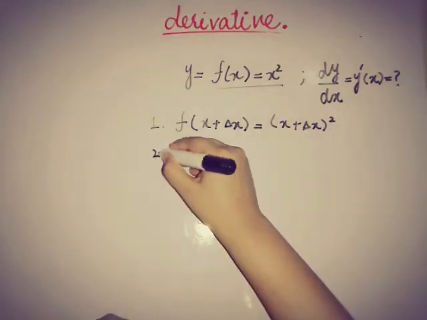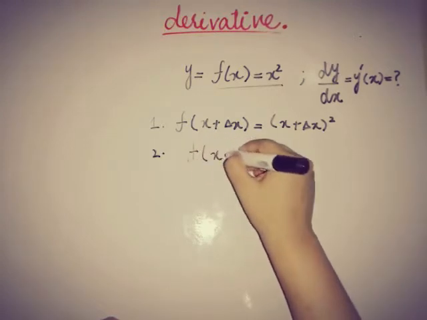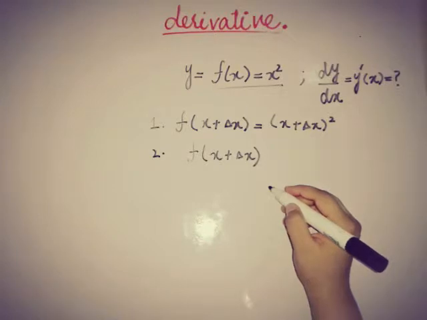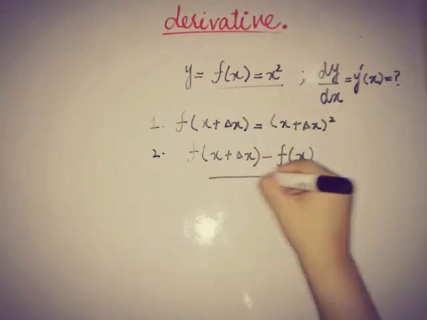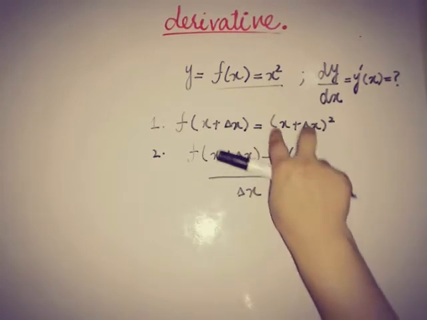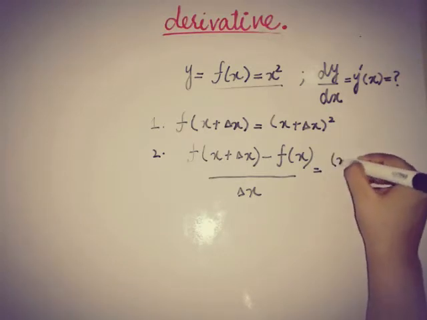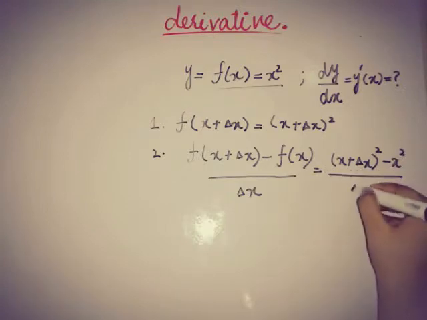Now the second step: as the mathematical expression of the derivative is of this type, I've just written the values according to the function that is given. So x plus delta x squared over delta x.